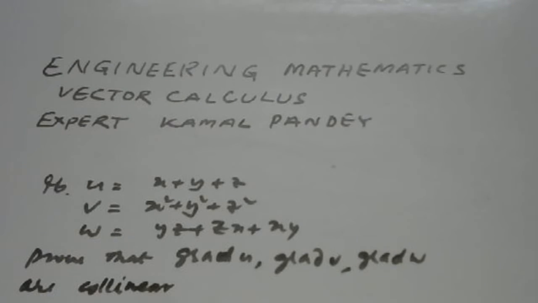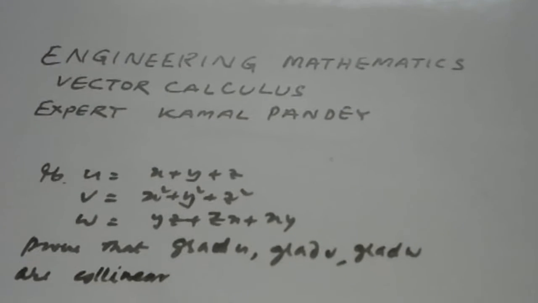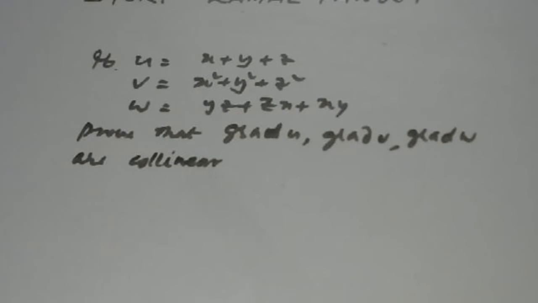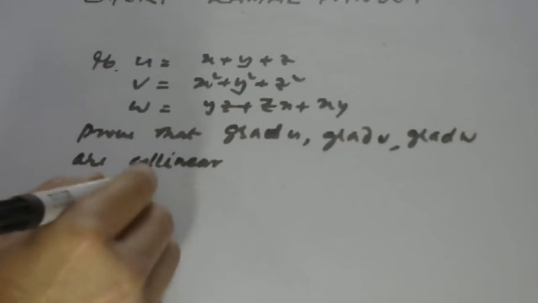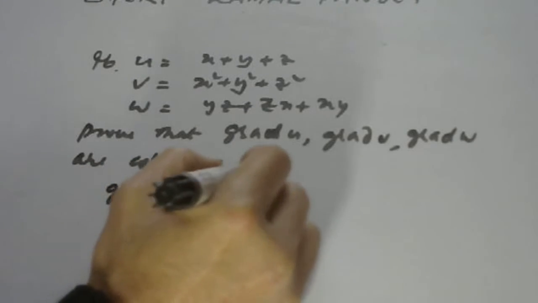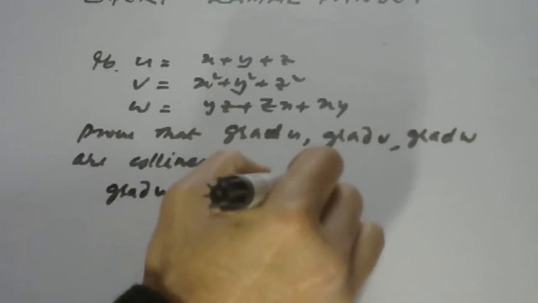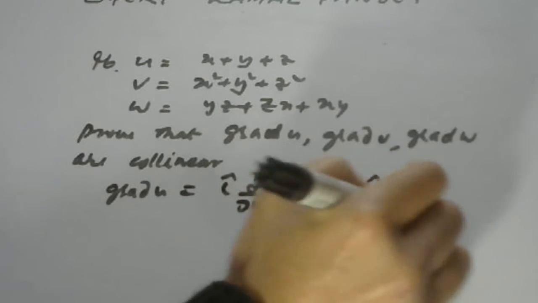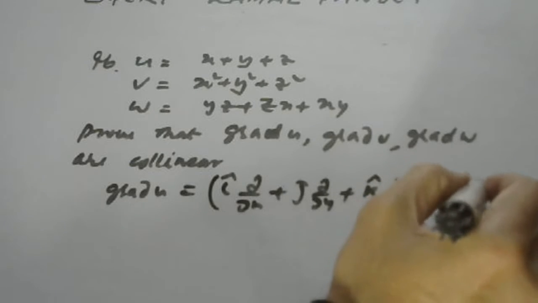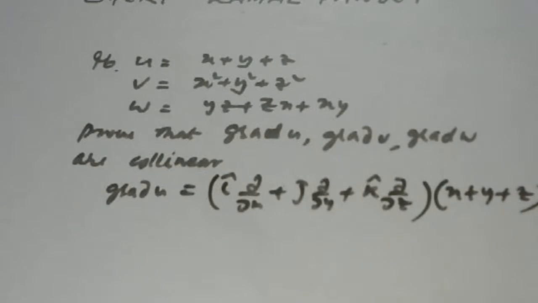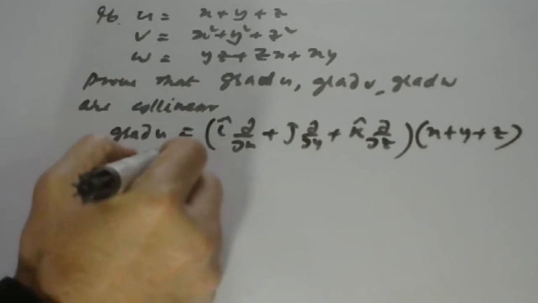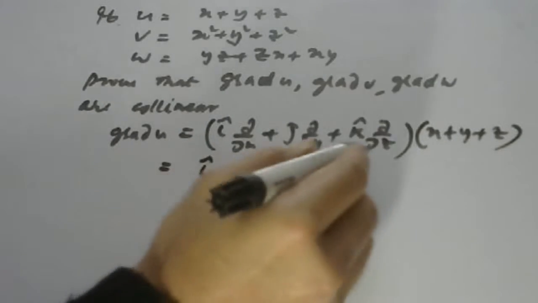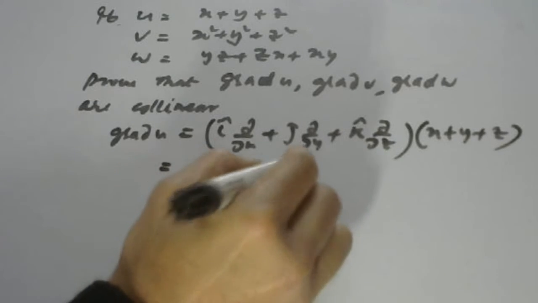To calculate the collinear vector, first we have to calculate the gradient. Okay, first grad of u is equal to i cap del upon del x plus j cap del upon del y plus k cap del upon del z, and here x plus y plus z. Now in the next step, differentiating with respect to x, here i cap, this is j cap plus k cap.